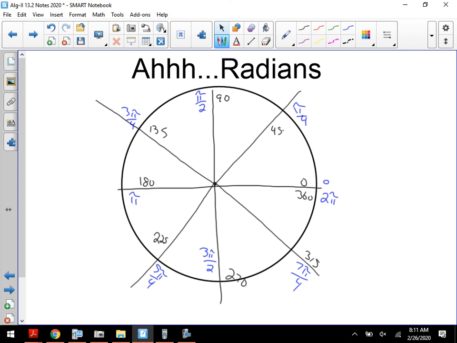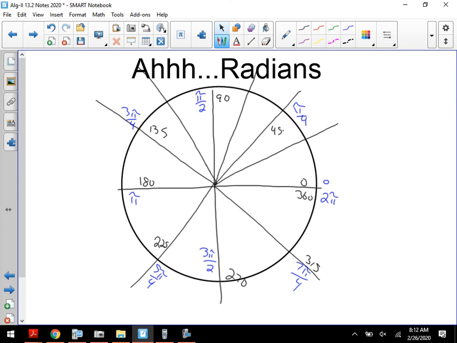So let's see here. We've done 45s, we've done 90s. What are the other two angles you used a boatload of? 30s and? Gee, do you think those might be a little bit important here?